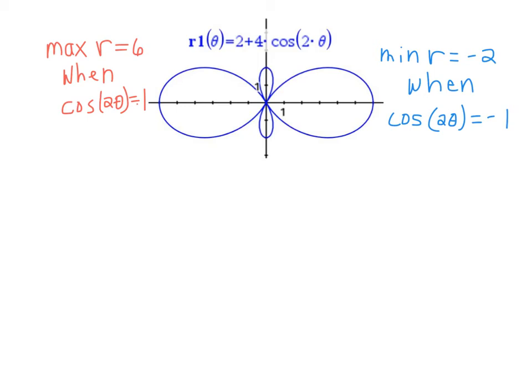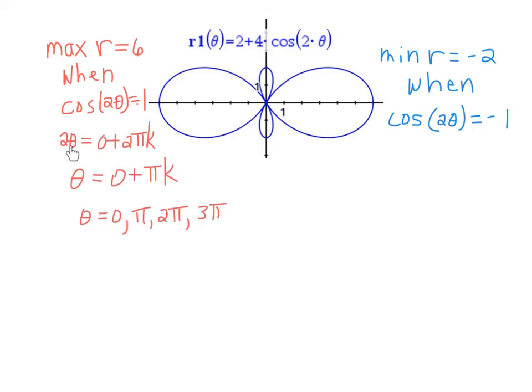This is where we're really going to start to use some of our solving abilities for sine and cosine. Now, we could just plug our 6 in for r and start to solve, but you could see we'd subtract the 2 first, it would give us 4, and then divide by 4, which would give us 1. And we've already analyzed that this is going to happen when cosine of 2 theta equals 1. So let's just start from there.